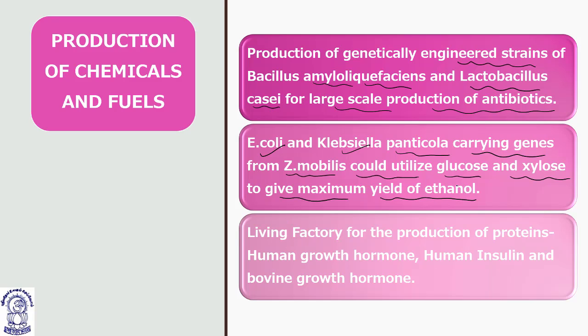Living factory, and ethanol is a biofuel, an emerging biofuel. Living factory for the production of proteins like human growth hormone, human insulin, or human insulin-like growth factor, IGF, and bovine growth hormone. Okay, so these are the production of chemicals and fuels from transgenic plants.